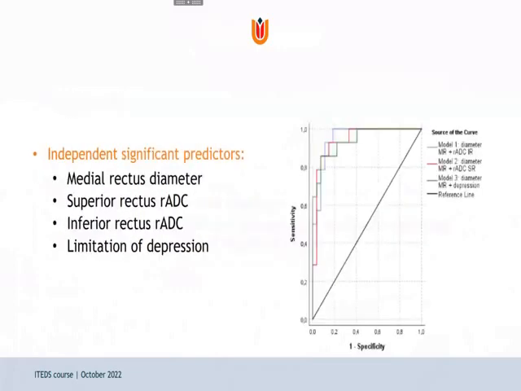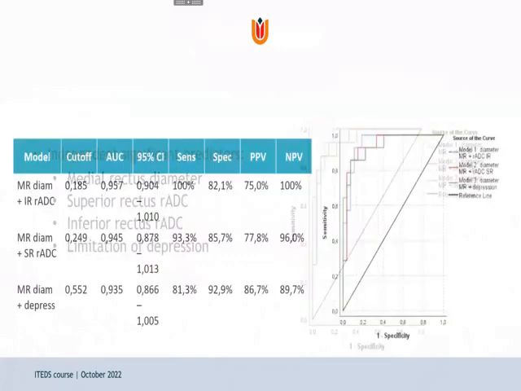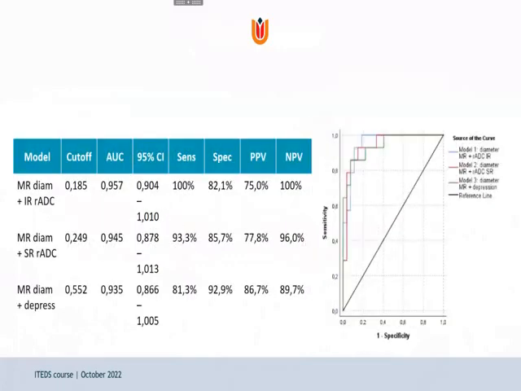And we found that the medial rectus diameter, superior rectus and inferior rectus RADC, and the limitation of depression, so a clinical parameter, were independent significant predictors in 3 different multivariable models. Each 3 of them had a nice sensitivity, specificity, and positive and negative predictive value.